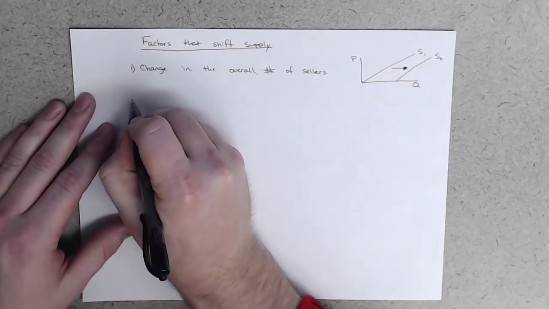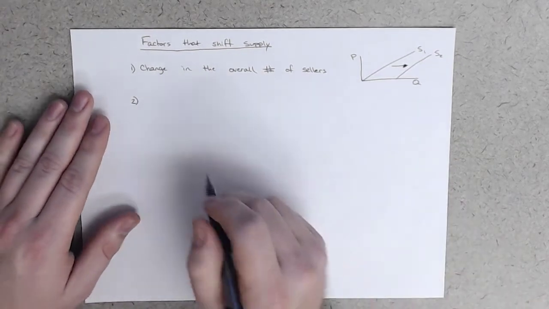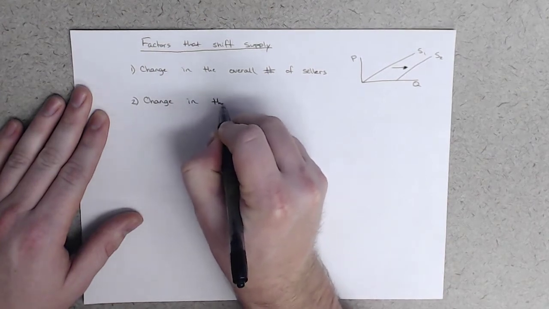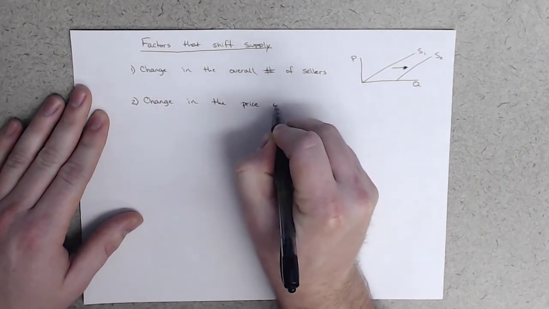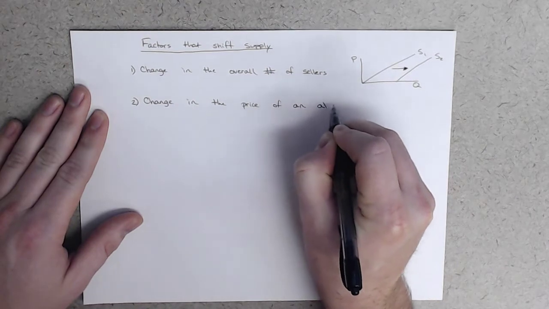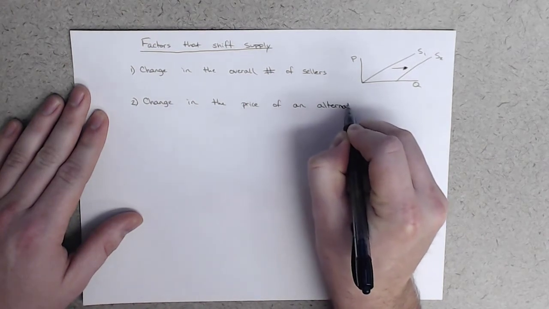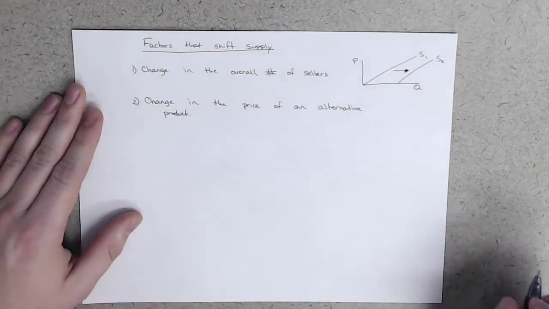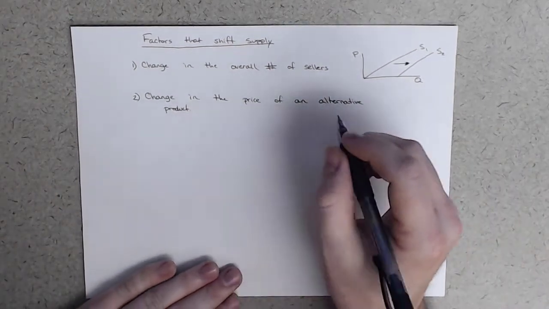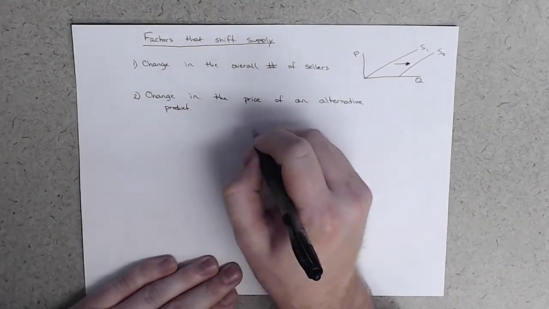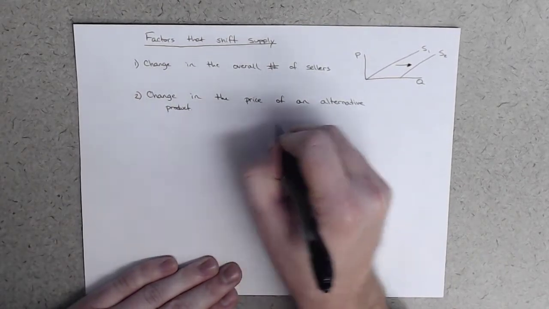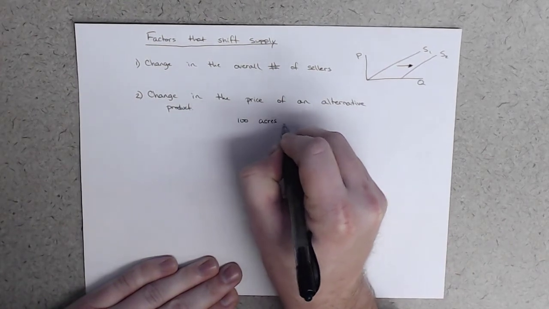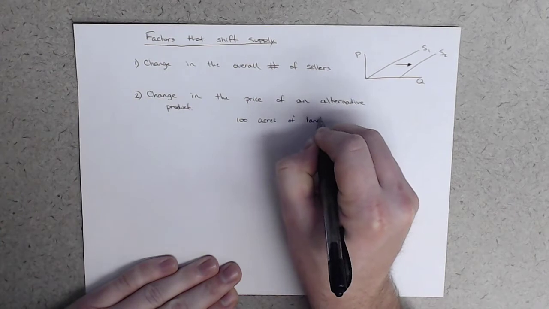Okay? The second one is a change in the price of an alternative product. Okay? And so what this is saying is, let's pretend that we are a farmer and we have 100 acres of land. Okay?